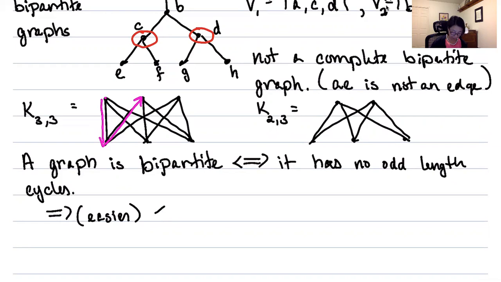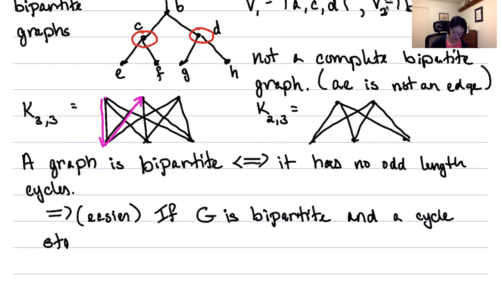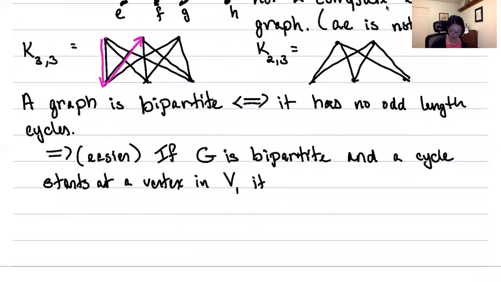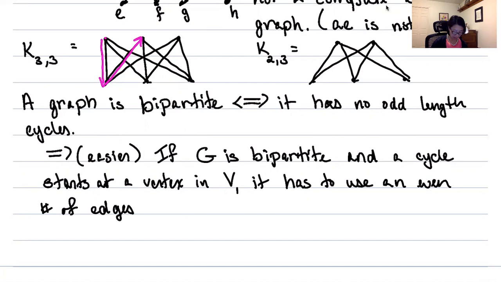So if G is bipartite, and a cycle starts at a vertex in V1, it has to use an even number of edges to return to V1.